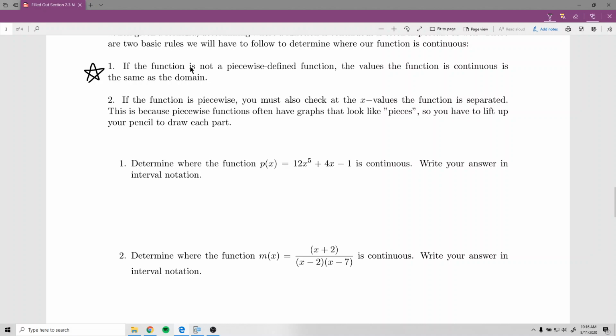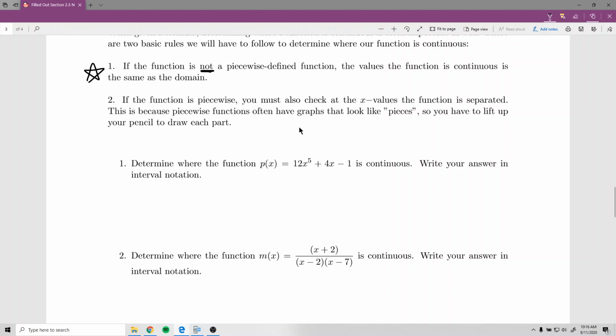If the function is not a piecewise defined function, the values where the function is continuous are the same as the domain.